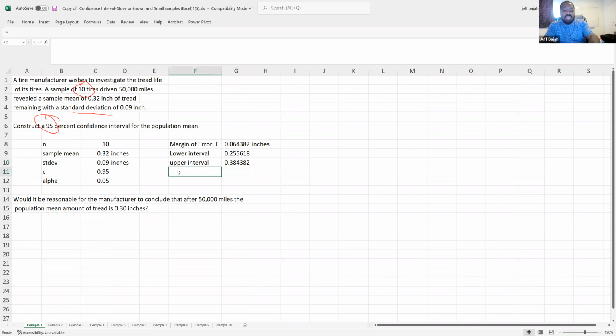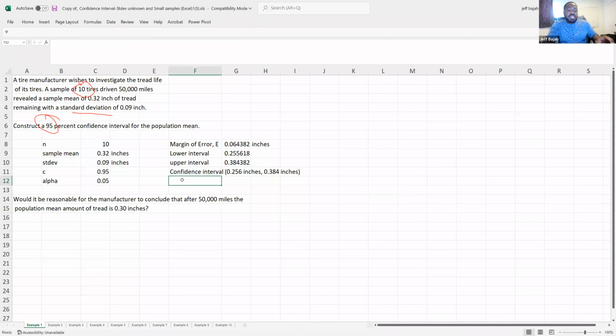So you can see that our confidence interval will fall between 0.256 inches and 0.384 inches, right? We have created our margin of error.